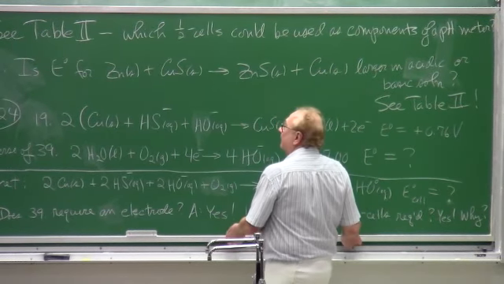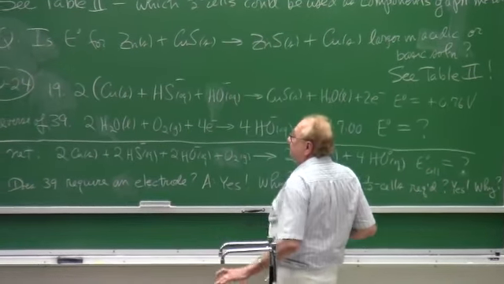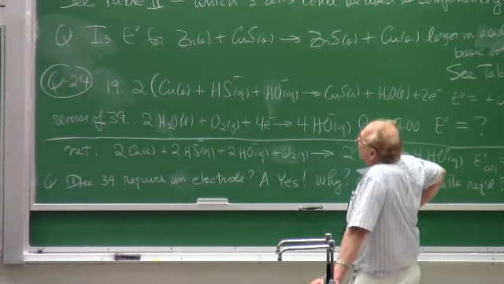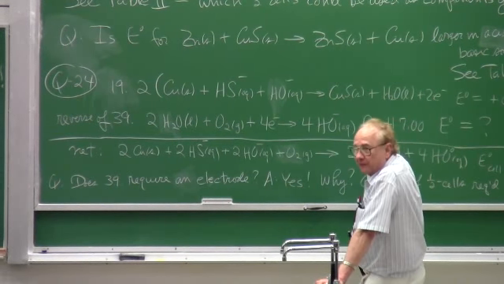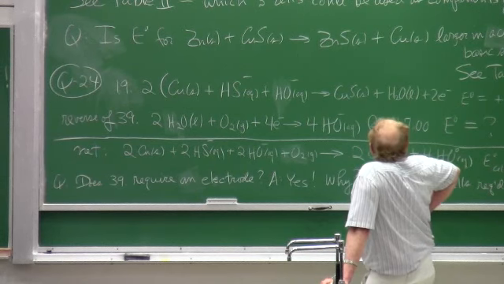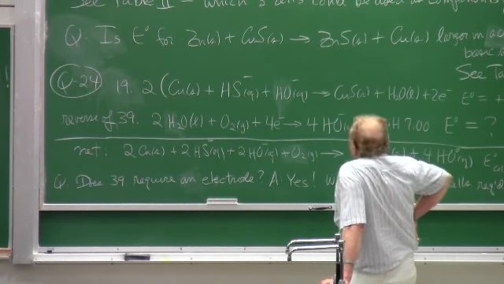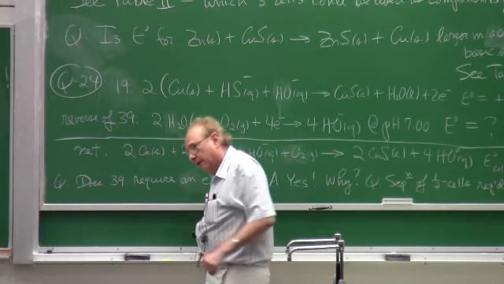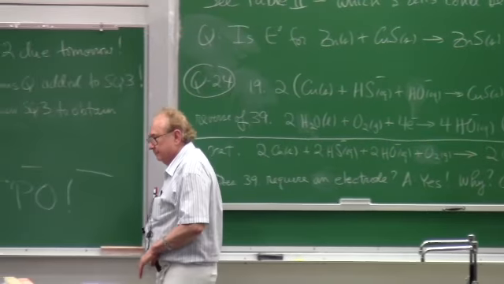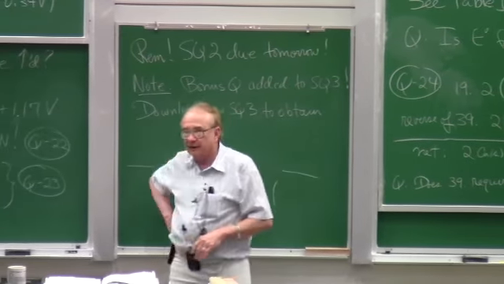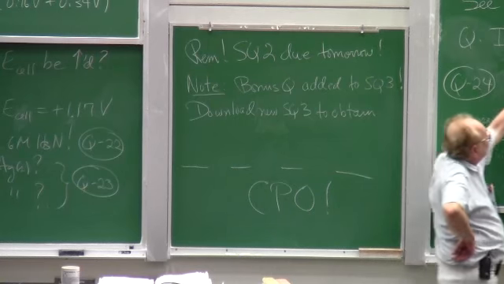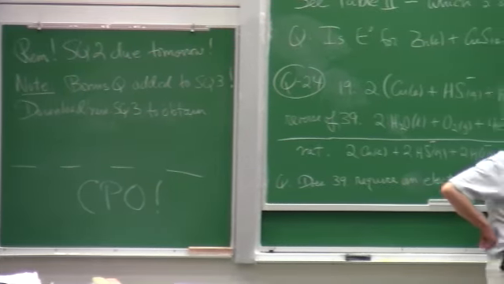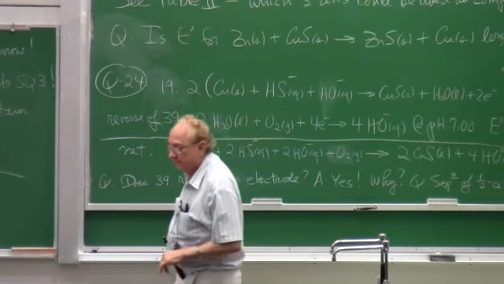Question as we proceed. We're going to consider zinc reducing copper sulfide to become zinc sulfide and copper. Look at table 2 to recognize that this reaction as written is or is not spontaneous.